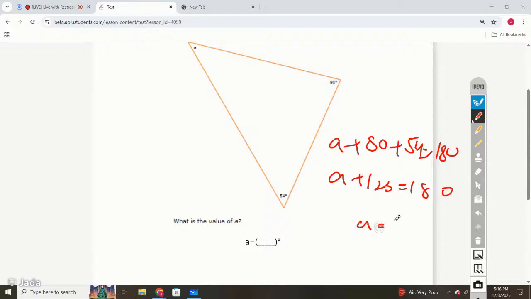So A is equal to 180 minus 123, which is 57 degrees.